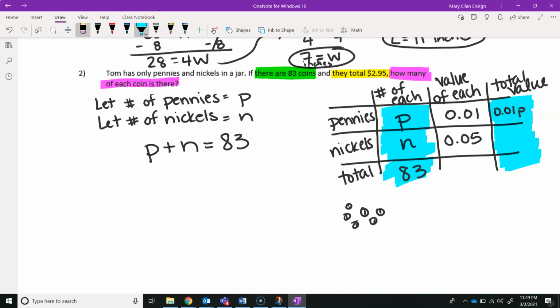Then I move over and I have a pile of nickels. Well, however many there are, which is N, every single one is 5 cents, so 0.05 N. And then my total value, if I add up that pile of pennies and the pile of nickels all together, I'm going to get that total, which is $2.95.